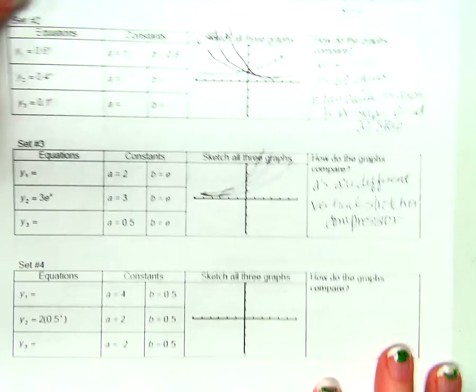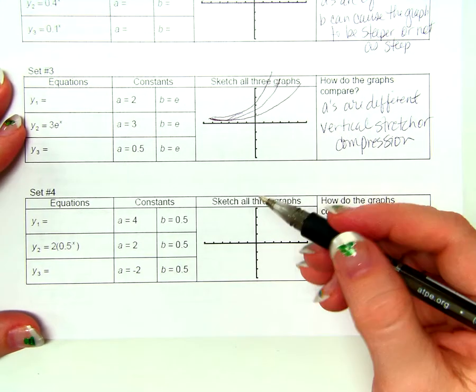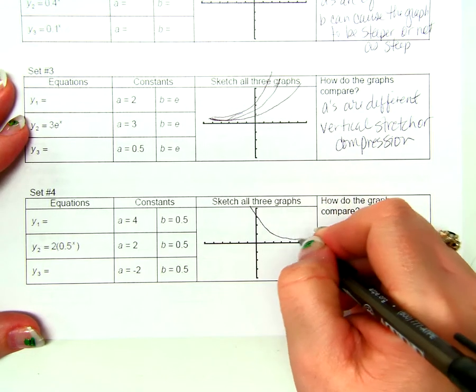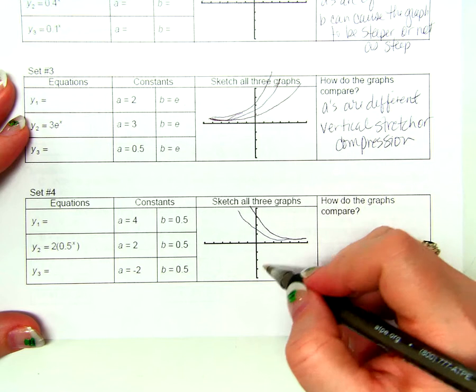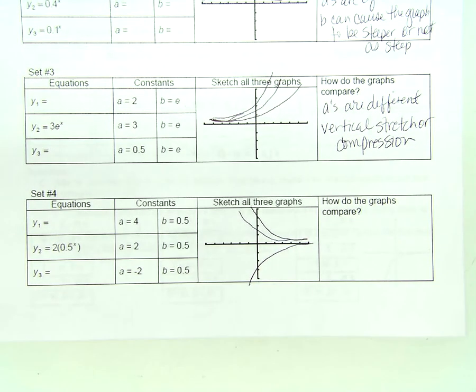Okay. So look at 4. A's change. How do these graphs compare?